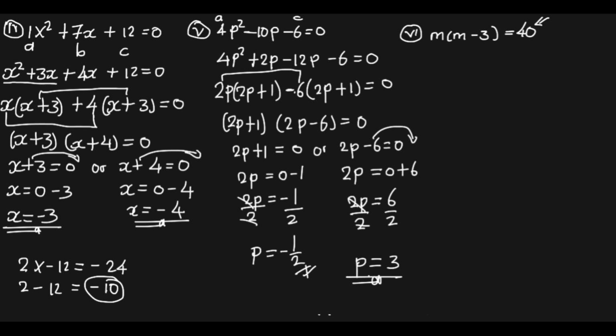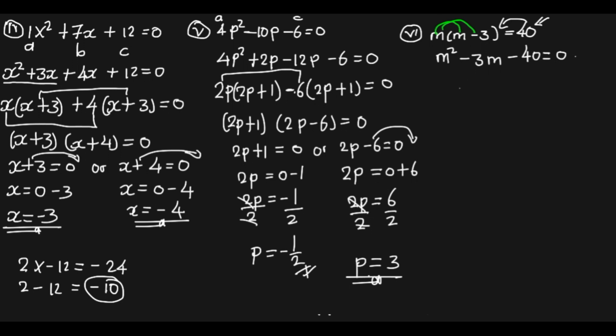So the first step is to multiply m with everything inside the brackets. m times m, we get m squared, minus m times 3, we get 3m. Then we have to move the positive 40 to the left side, giving us -40, which is now equal to 0.